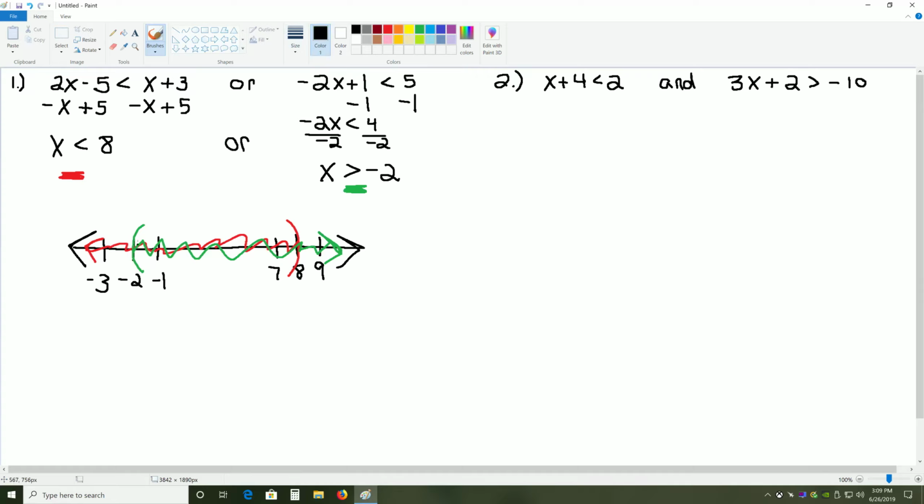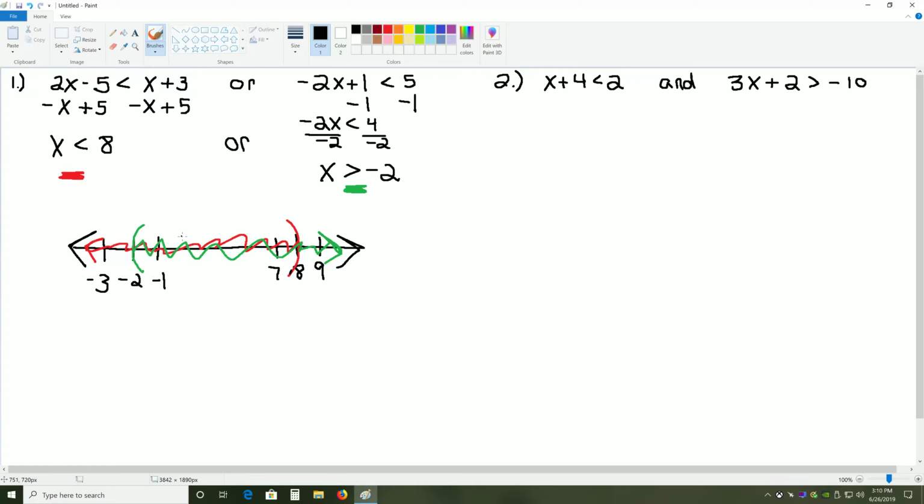The only 2 spots that aren't shaded are this parenthesis in green and this parenthesis in red. But in both cases, this parenthesis that's in green has a red shading on top of it, so that number is included. This parenthesis in red has a green shading on top of it, so that number is also included.